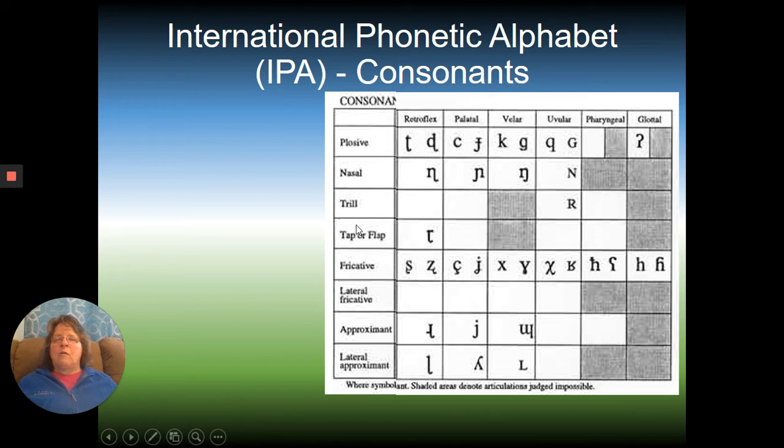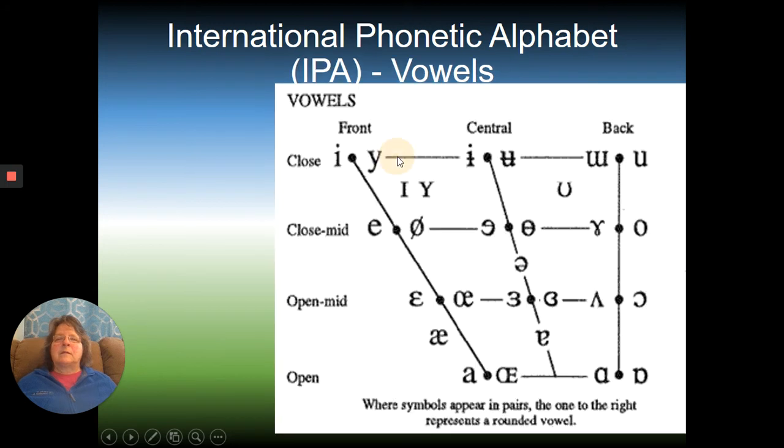Just know that linguists have taken great care to identify, categorize, and catalog the sounds in the languages. You also have different things for vowels. Now, with a vowel, the sound is open, and it depends on the shape of the mouth and where the sound starts.